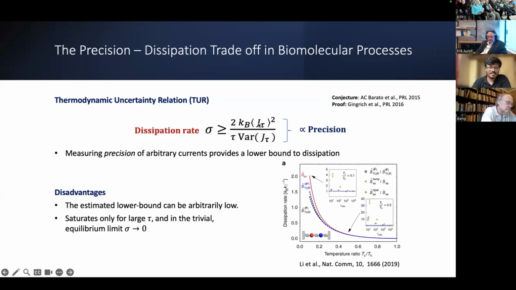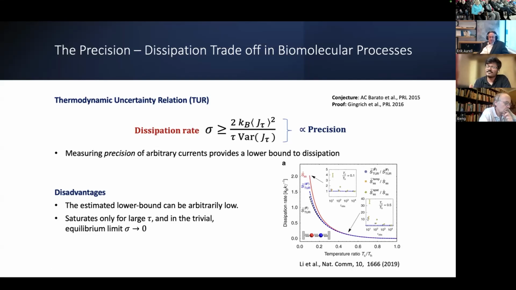And that's what we showed initially: when you measure only very short currents, don't keep your measurements for a very long time, then the uncertainty relation itself improves and saturates. So that is one aspect of time dependence.